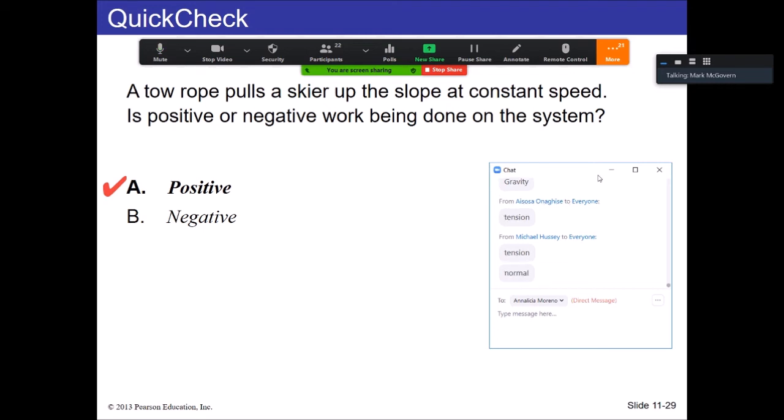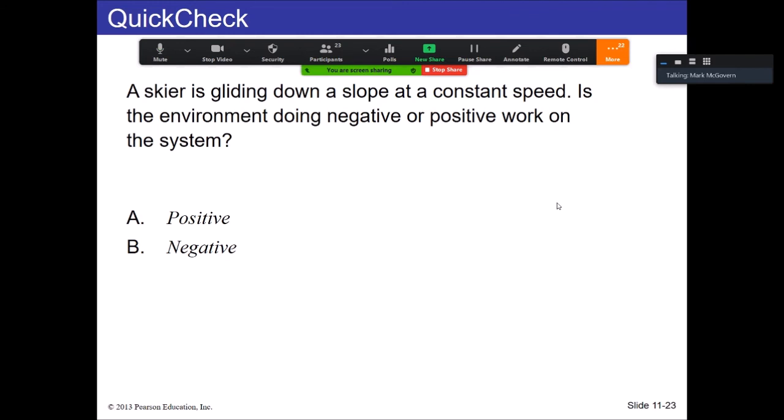Normal, good one. Normal won't do any work though. It's not pointing in a direction of motion. No, we're talking about just forces for the moment here. And so if it's constant speed, that means overall there's a net work of zero happening here, because friction and gravity would be doing negative work in this situation.